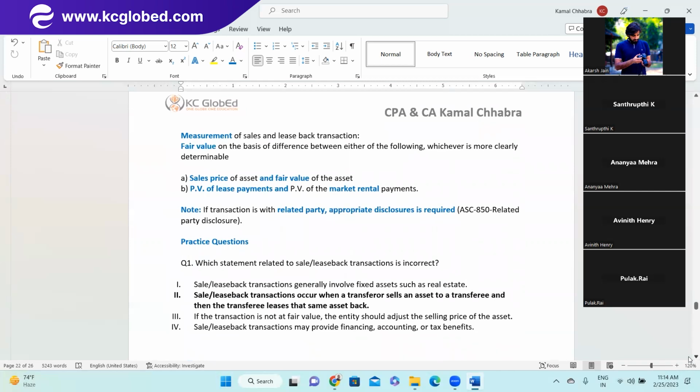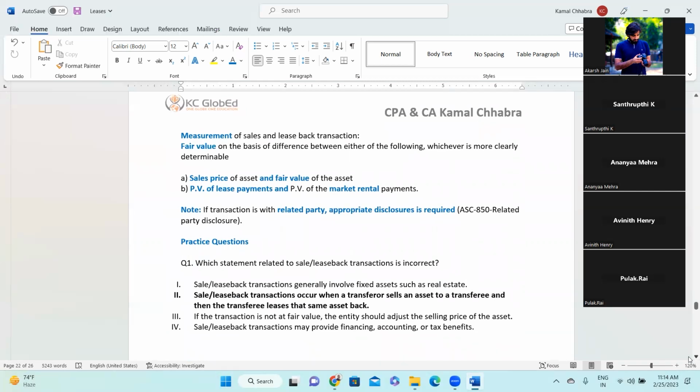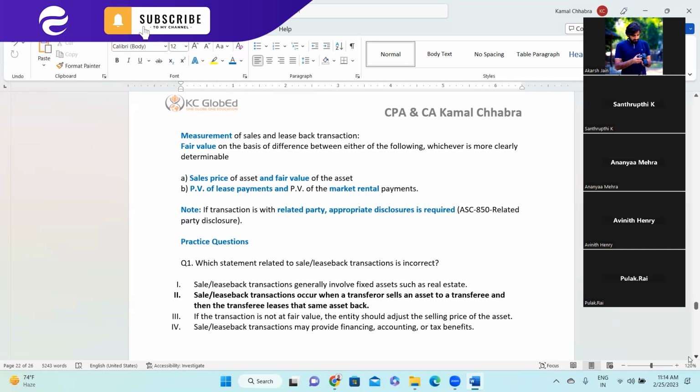But before jumping onto the practice questions, let's finish off measurement, the measurement of sale and leaseback transactions. How do you value a transaction which is considered a sale and leaseback transaction? Fair value, on the basis of the difference between either of the following, whichever is more clearly available or determined. First is the sales price of the asset or the fair value of the asset, whichever is more clearly available.